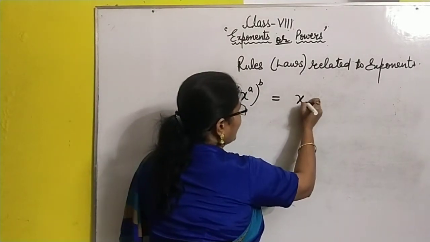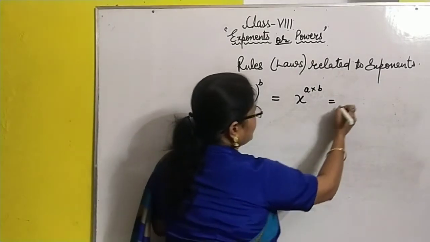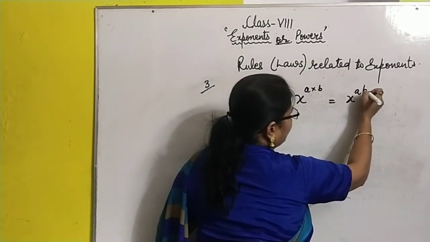So what will you write here? A into B, or you will write here x raised to the power AB.